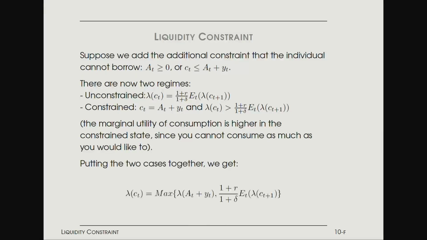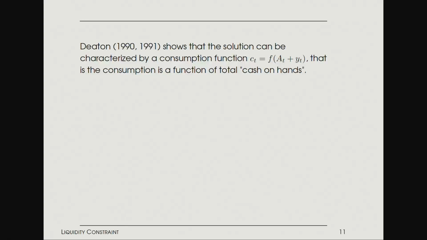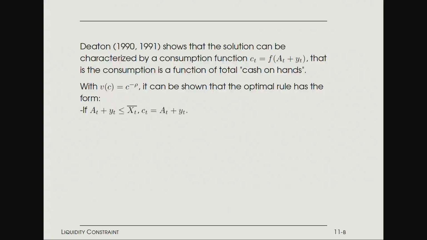So if you put the two cases together, we have that the marginal utility of consumption is the maximum of the marginal utility of consuming everything you have today, and the product of the standard Euler equation, the expected utility of tomorrow's consumption. Deaton has a classic pair of papers and a book showing that the solution to this problem can be characterized by a consumption function, where your consumption is a function of your total cash on hand, with a CARA utility function.